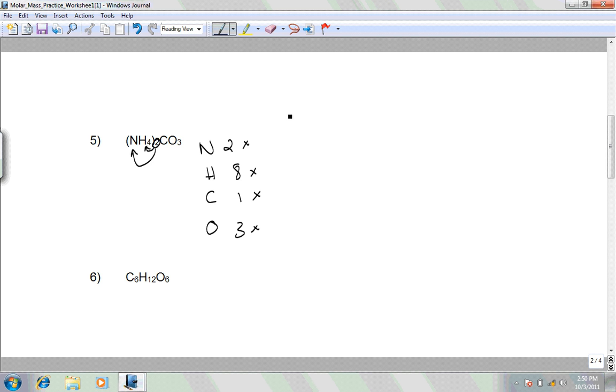By looking on the periodic table, we find that nitrogen is 14.01, so 2 times 14.01. Hydrogen is 1.01, which comes out to be 8.08. Carbon is 12.01, which comes out to be 12.01.